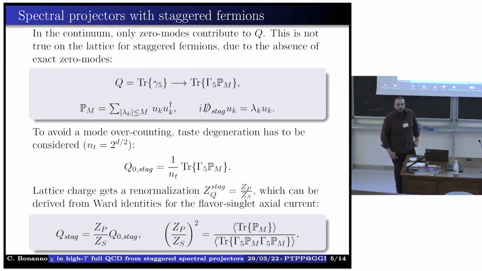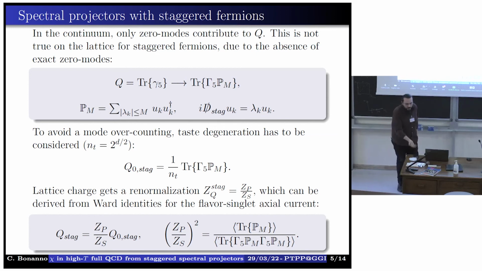So well, yes, essentially the idea is that if you cut the sum up to a certain cutoff, you are cutting away all ultraviolet noise, which is larger than the value of the cutoff. So that is the main idea of the spectral projectors.